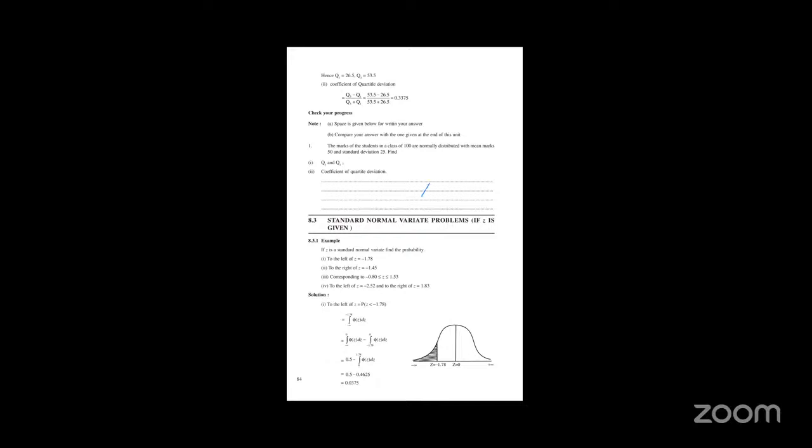Coming to this, to the left it is 1.78. So we'll take 1.78 as the upper limit and minus infinity as the lower limit, the integral of phi of z dz. The integral from minus infinity to minus 1.78 can be split into minus infinity to 0 and minus 1.78 to 0.